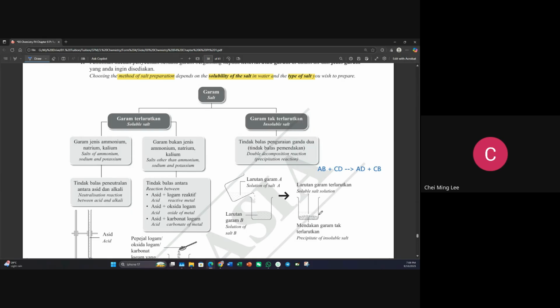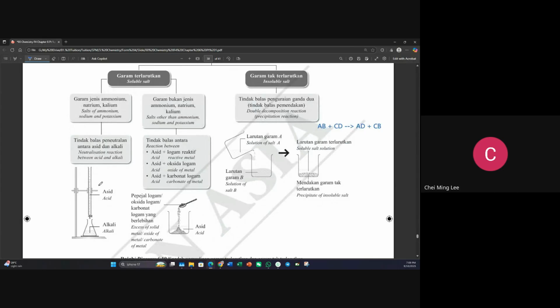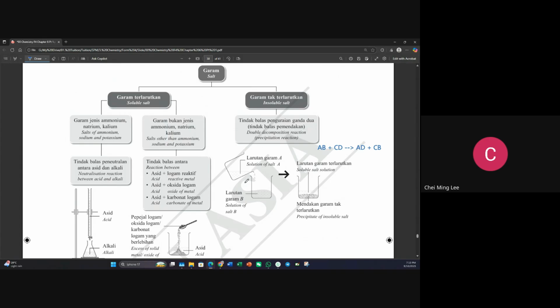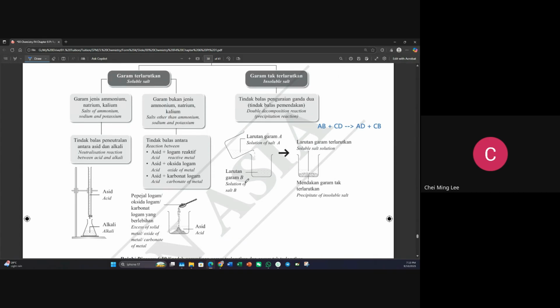Now for neutralization, it's easy. They use a pipette and burette to add acid into the alkali. For this other one, we just add the metal into the acid solution, but the metal must be in excess. Why do we need excess metal?